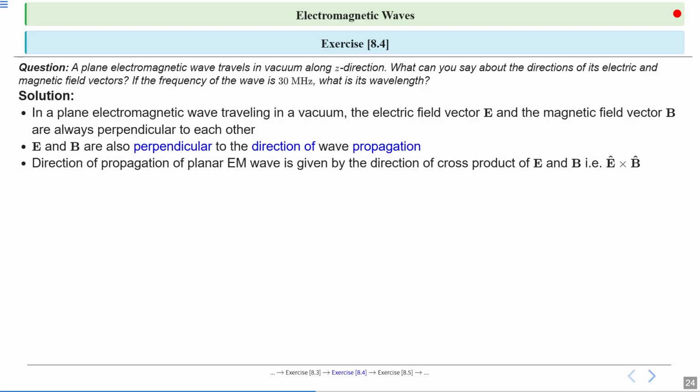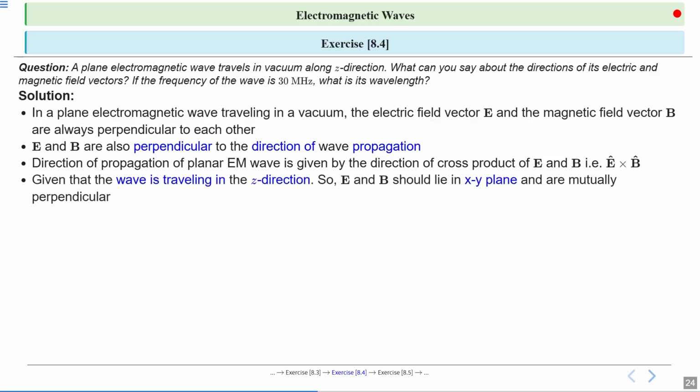So if we are interested in finding the direction of propagation, we have to take the cross product of directions of electric and magnetic field. So direction of electric field is represented by unit vector E cap, and direction of magnetic field is represented by unit vector B cap. So E cap cross B cap will give the direction of propagation.